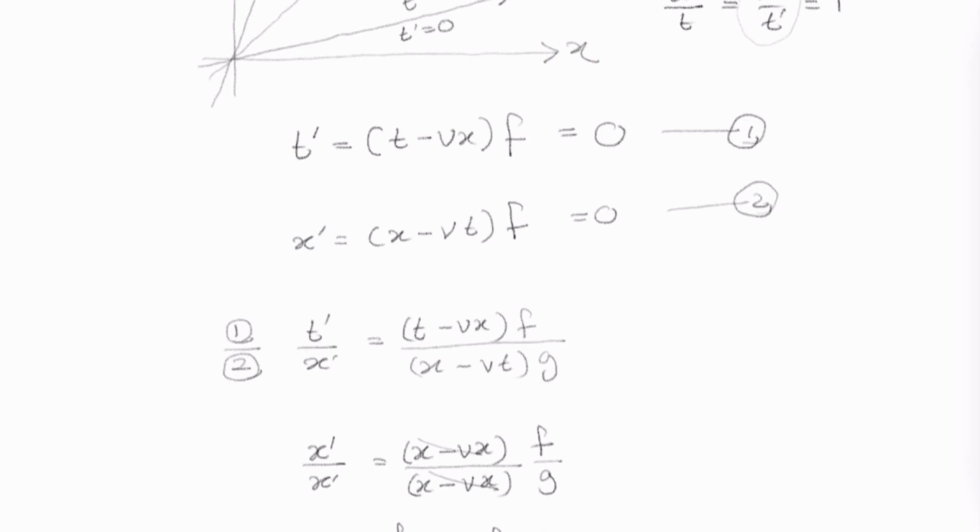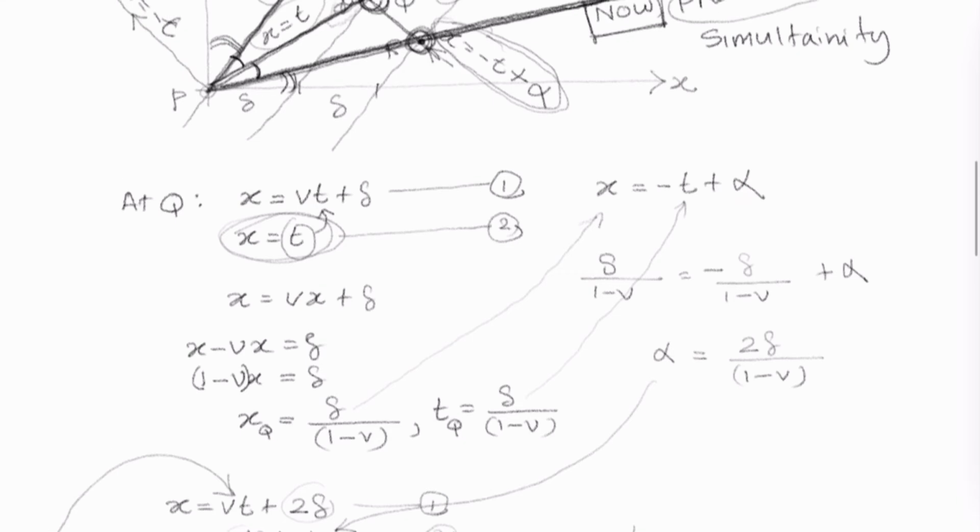The third relationship is that there is no absolute velocity. According to you, I am moving, and according to me, you are moving. They're exactly the same. So when t bar equals f times t minus Vx, it should also be true that t equals f times t bar minus Vx bar. But there is a difference.